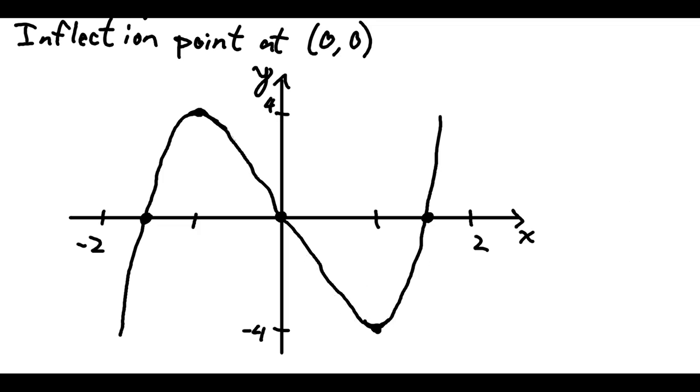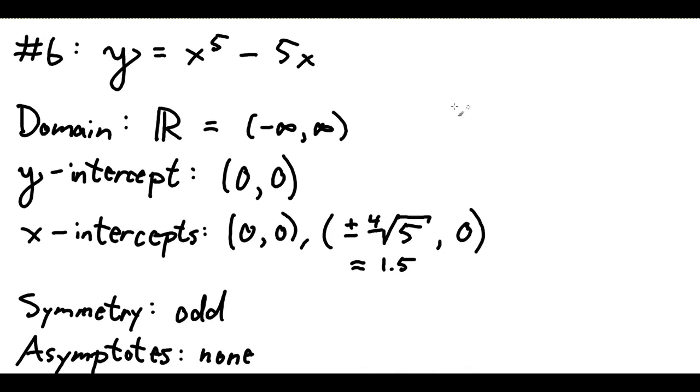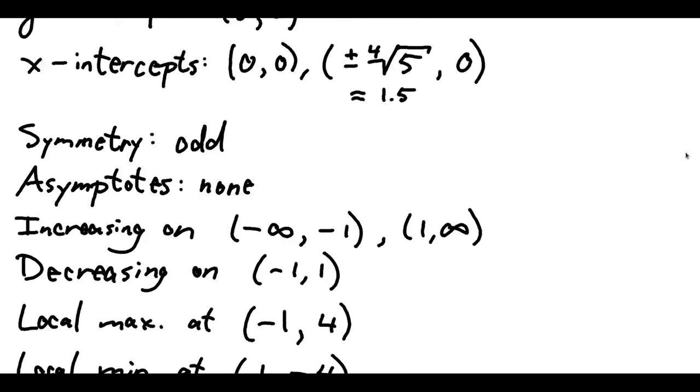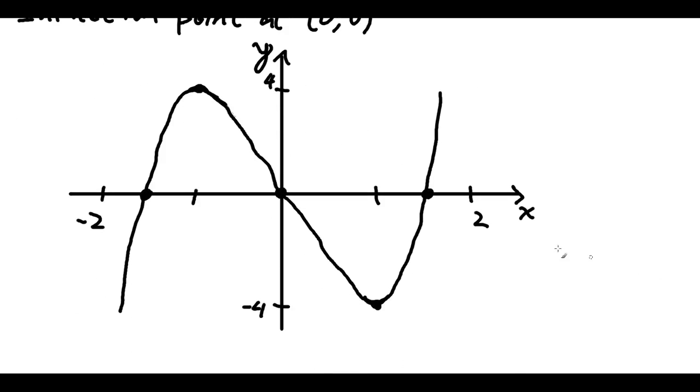But you also hopefully know from past classes that a 5th degree polynomial can have up to 4 local extrema, what they might have called turning points before, and could have up to 5 zeros. Here we've only found 2 extrema and 3 zeros.